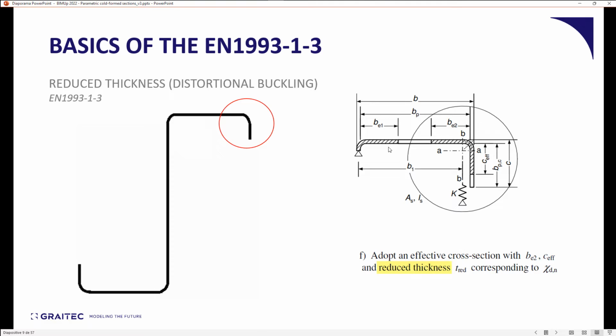And you have to properly assess the reduced thickness. When the whole section will be maybe 2 millimeter, probably the end stiffener will only be 1.10 or 1.20. So it doesn't seem like much, but it can make a huge difference on the design.